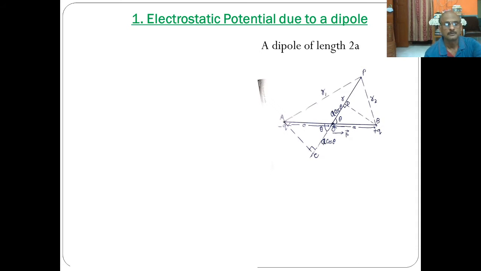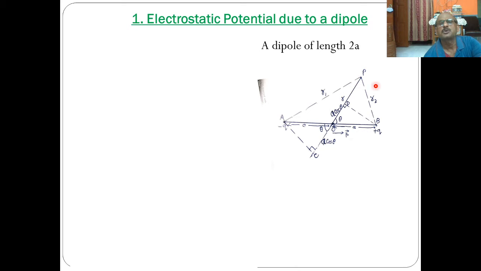So first of all, consider a dipole of length 2a and at point P we want electrostatic potential. Minus q is at distance r1 from the P and plus q is at distance r2.